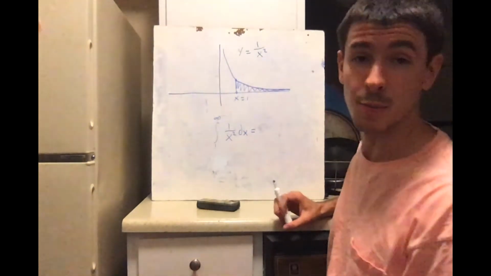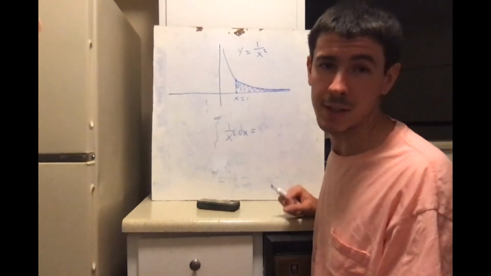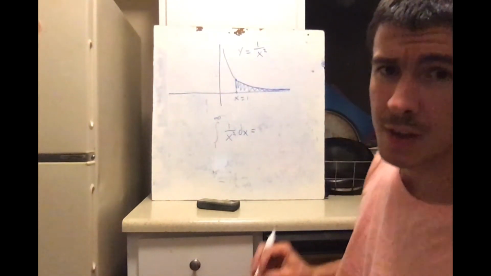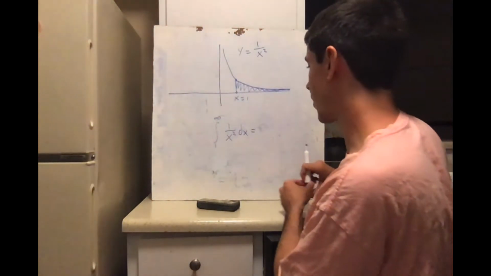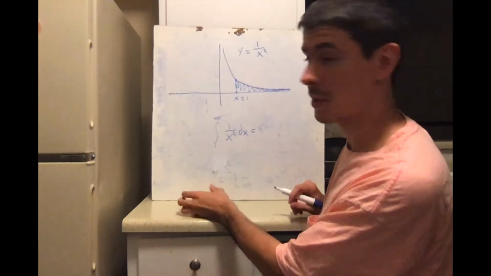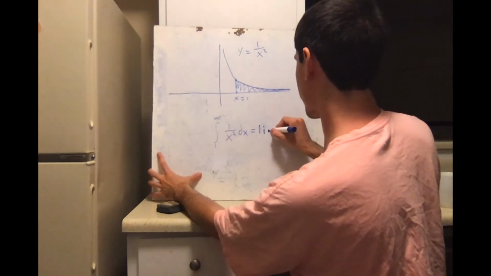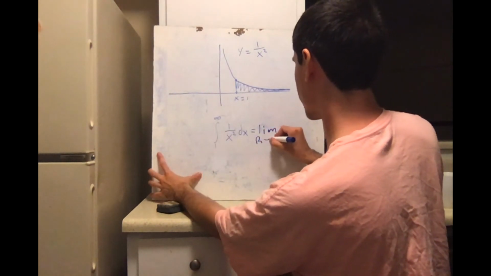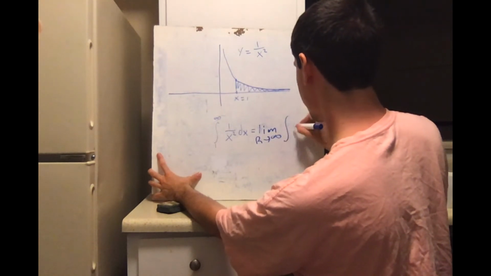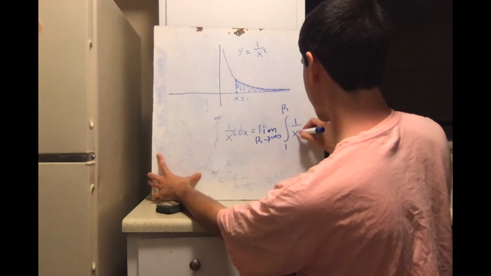What this means might be self-evident, but we're going to write it with limit signs in order to be delicate around infinity, like people tend to like to do. So let's say that this equals the limit as r approaches infinity of the integral from 1 up to r of 1 over x squared dx.